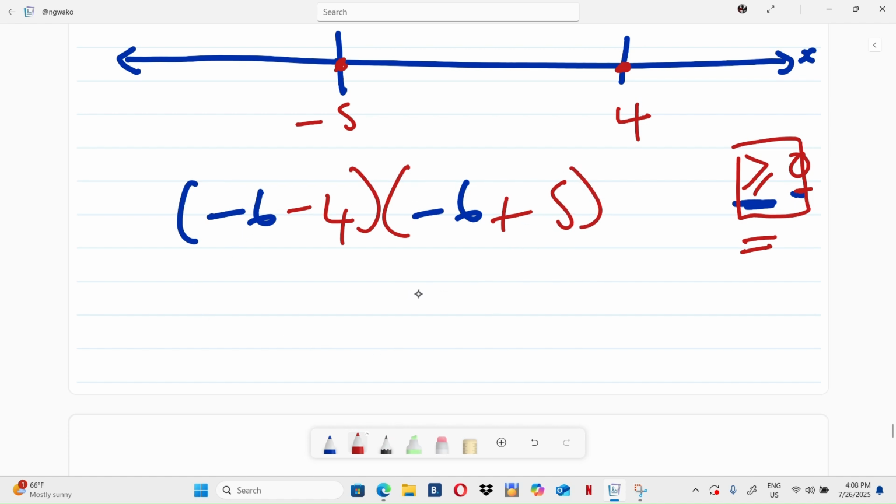Hear me out, if this value gives us a positive number, that means it is greater than 0, meaning the interval of x has to be greater than for a certain part of the interval.